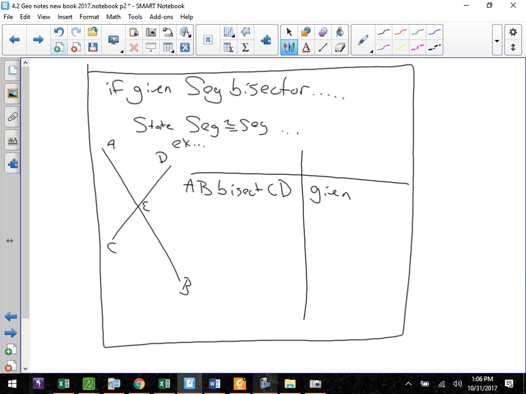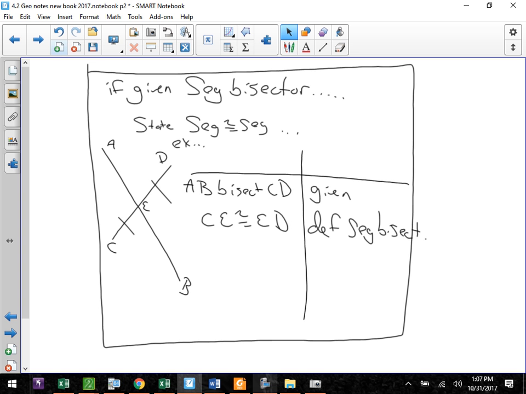CE and ED. That's what I'm getting at here, guys. It's the exact same scenario as if you had a midpoint. It's the same scenario if you have an angle bisector. You're using that definition to create the very next step.